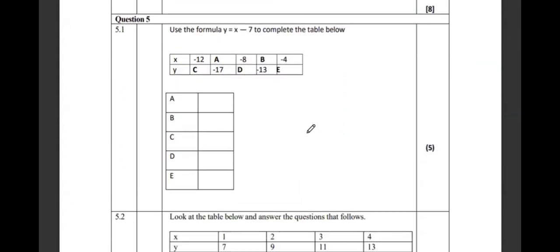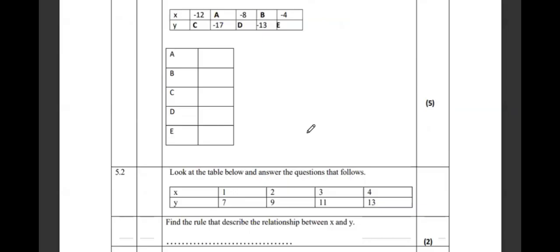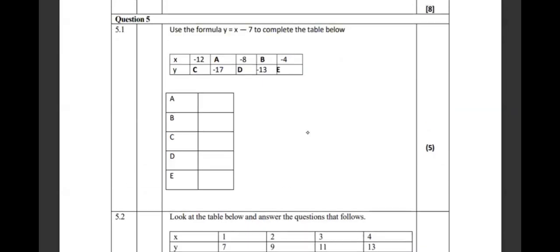Okay, then 5, use the formula y is equal to x minus 7 to complete the table. For 5 marks. If x is negative 12, it's going to be negative 12 minus 7, which is negative 19, so C is negative 19.